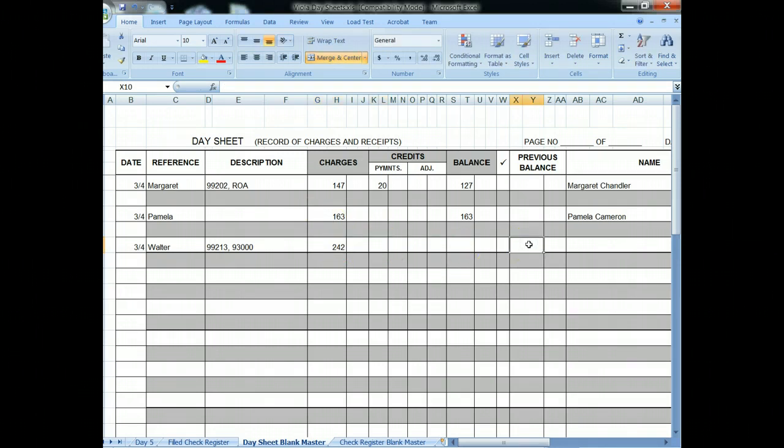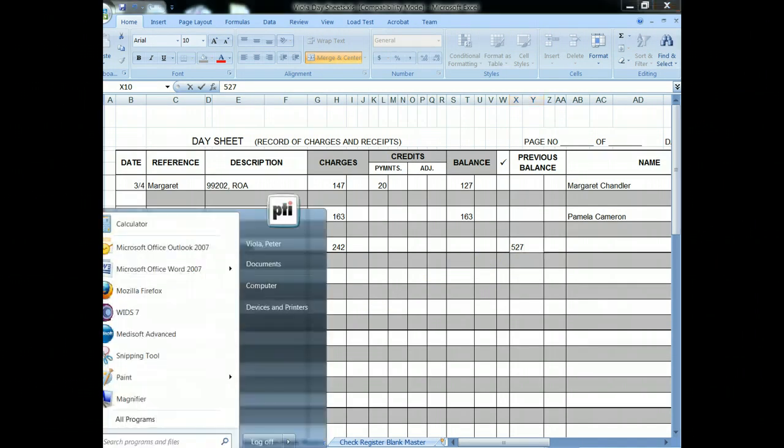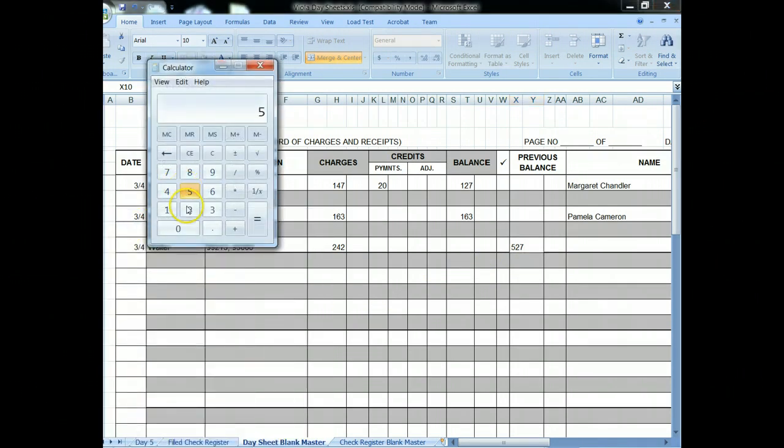His previous balance, since he was an established patient, is on your ledger card. You'll see it if you pull Walter Adams. It'll show the line, the most recent entry. It'll show balance due, and it'll be $527. So under previous balance, we're going to put $527, and he owes us $527 plus the $242. So he's going to owe us $769.